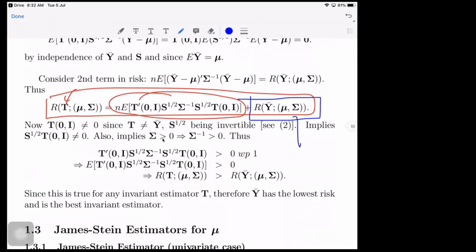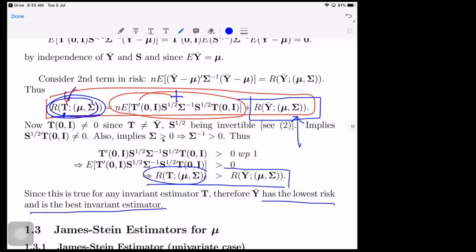Since this is a positive term, the risk of the other competing invariant estimator is greater than the risk when using y bar. So y bar has the lowest risk and thus will be the best invariant estimator for estimating your mu.